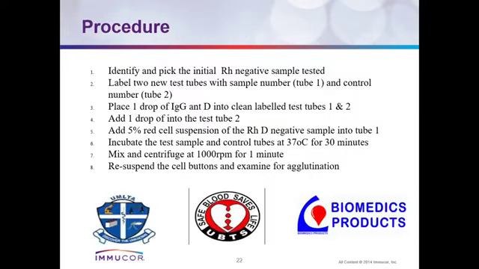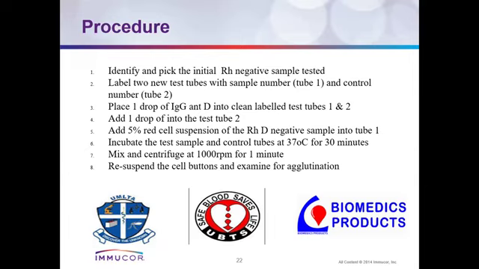Procedure number one: after doing your routine blood grouping, one turns out to be rhesus negative. You identify and pick it, and label two new test tubes: tube 1 with the sample number, and another tube with the control number, just to check your procedure.